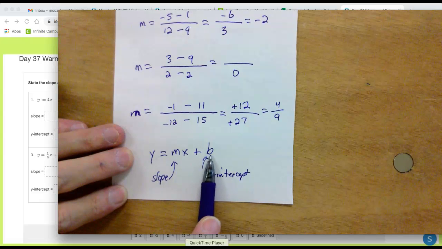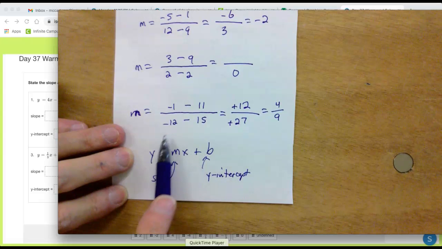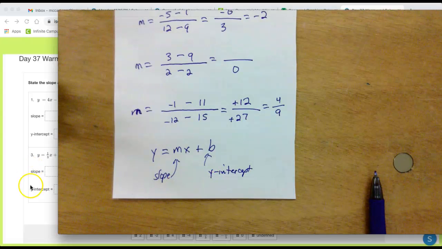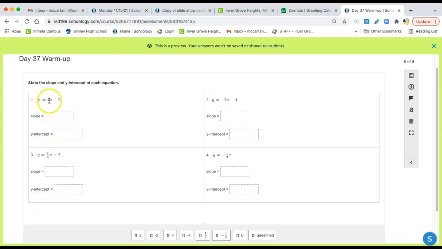The thing that does not have the variable at all, that's the y-intercept, because when x is 0, that's what y is. Each one of these is pretty easy, guys. The slope is 4. The y-intercept is negative 2. Here the slope is negative 2. The y-intercept is negative 4. Here the slope is 1/3. The y-intercept is 2. Here the slope is negative 1/3. And the y-intercept is 0.